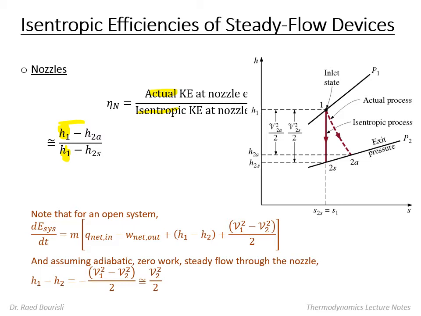Whereas the isentropic nozzle did not have any heat transfer, no irreversibilities, and all of it showed up as an increase in kinetic energy. So actually this one is greater than this one.